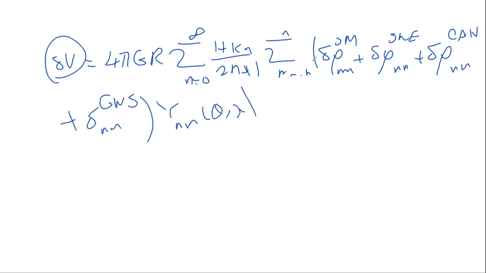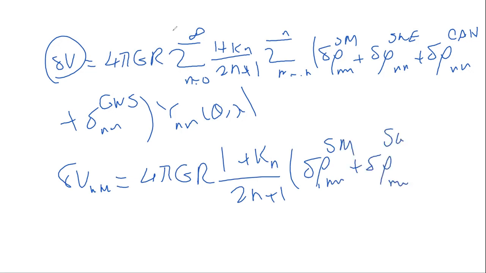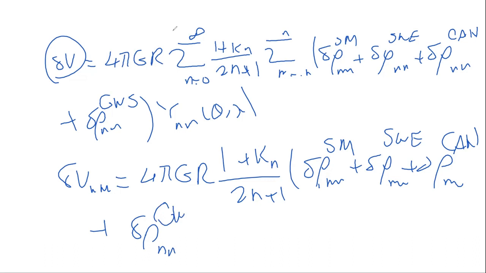So if I write this delta V in the spherical harmonic coefficients form, then it will be 4 pi g r, 1 plus kn over 2n plus 1, and these densities: rho nm soil moisture plus rho nm SWE plus rho nm canopy plus delta rho nm groundwater storage.